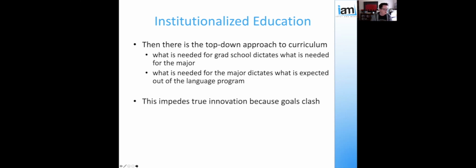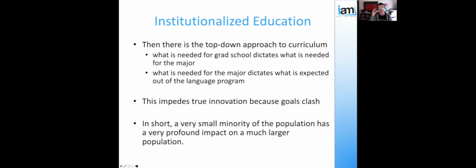This impedes true innovation because goals clash. The goals of a PhD program, MA program, don't have to be the same goals as a basic language class. They shouldn't be the same goals. They are different. And yet there is this implicit trickle down from the top that we fail to address when we talk about innovation. It's very real, we just never talk about it.